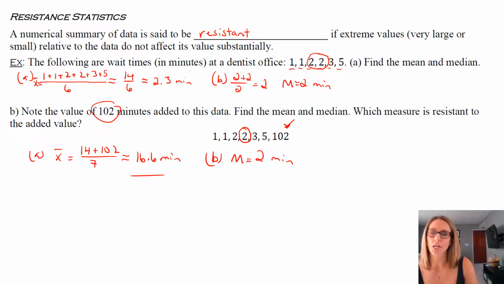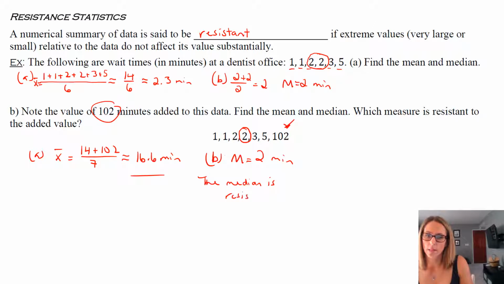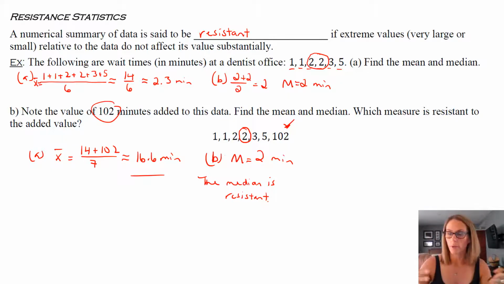It did not change very much, and that's because the median is resistant. Because it's just the middle value, it's not odd for it to be very similar whether you have outliers or not. So sometimes that can be a big help. All right, moving on.